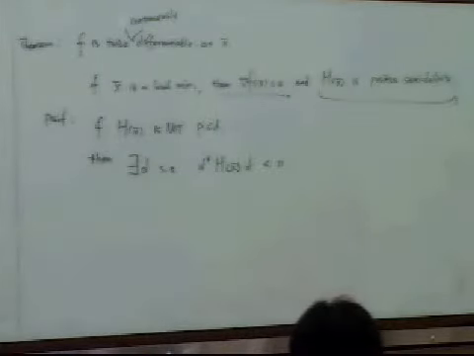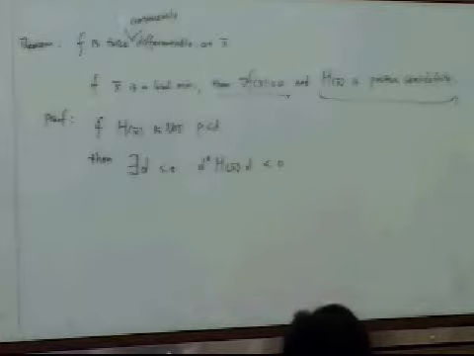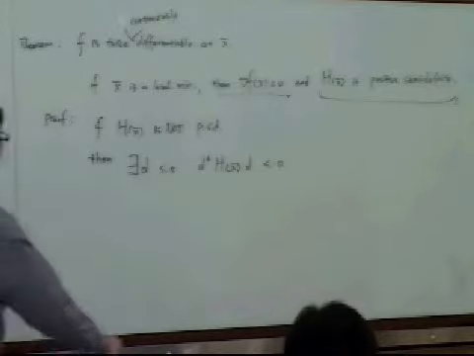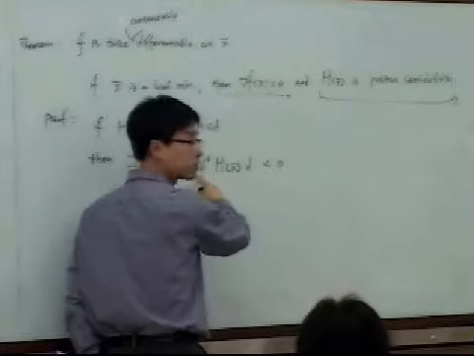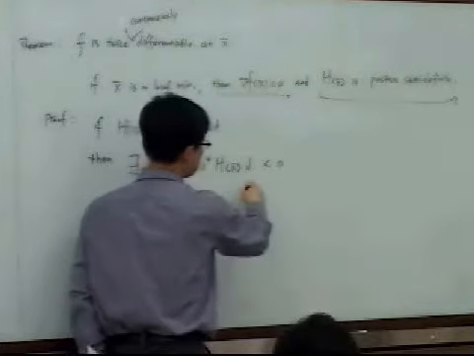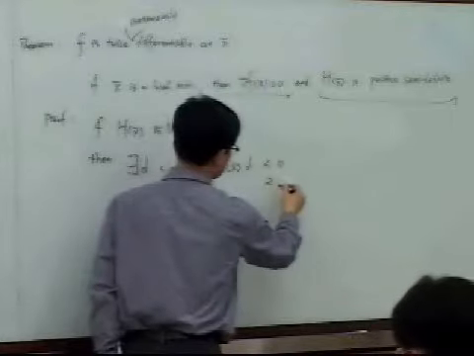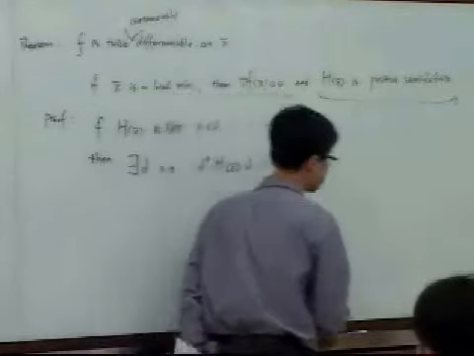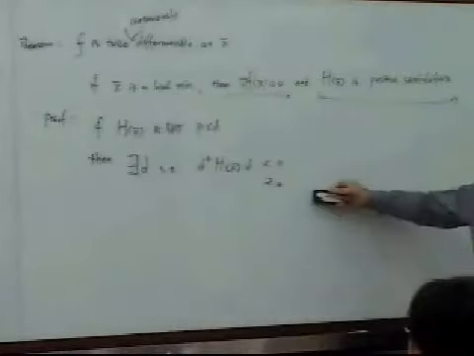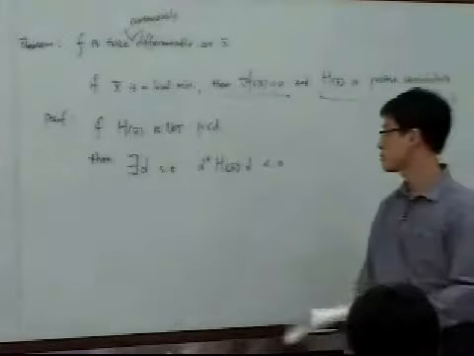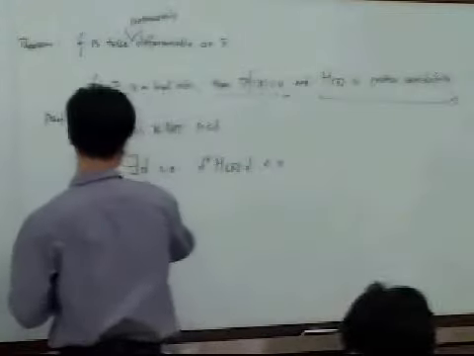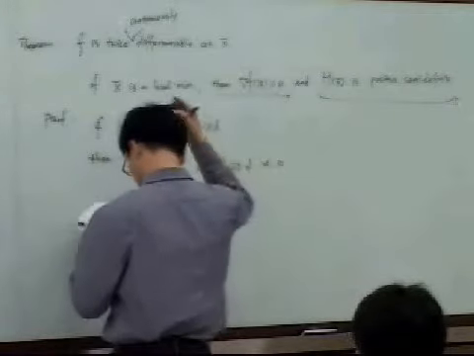The definition of positive semi-definite is that for all vectors, excluding 0, this should be greater than or equal to 0. That's the definition of positive semi-definite. So if this is not positive semi-definite, there exists some D such that like this.